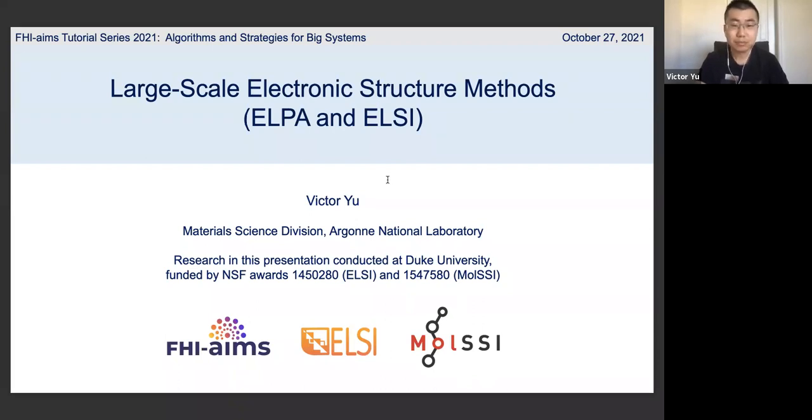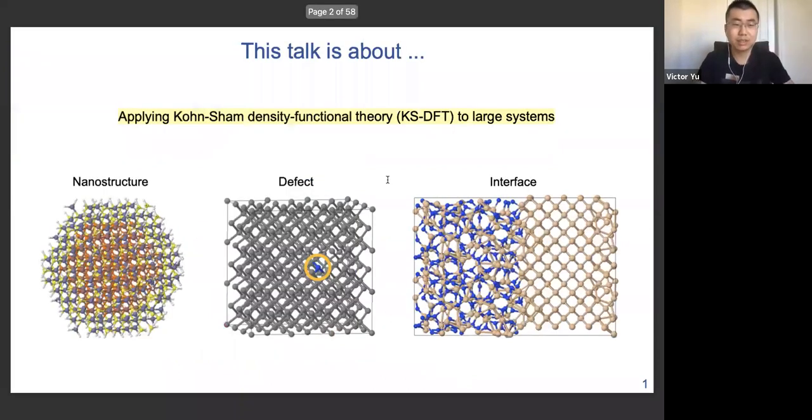I don't think I need to say much about why we want to do DFT simulations for large systems, because we always do. Shown here are just a few examples of large material simulations.